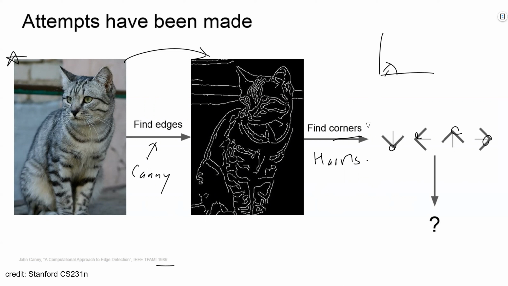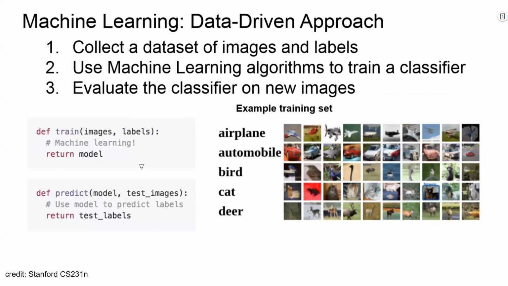Why do we care about corners? Because corners give more context. And after finding corners, we want to make some hierarchical algorithm to deal with the semantics inside this image. However, they were not that satisfactory. The performance was not very good.